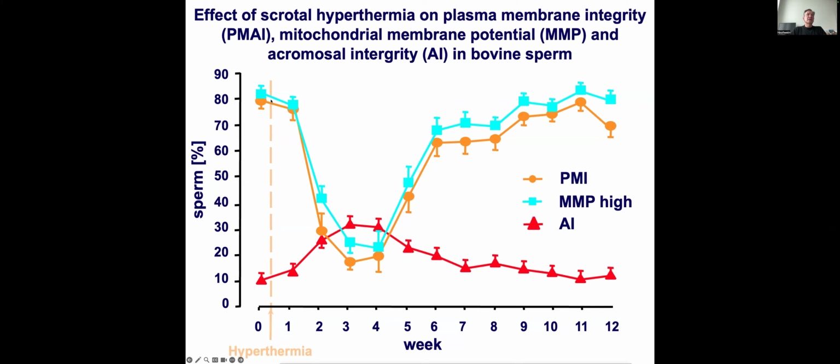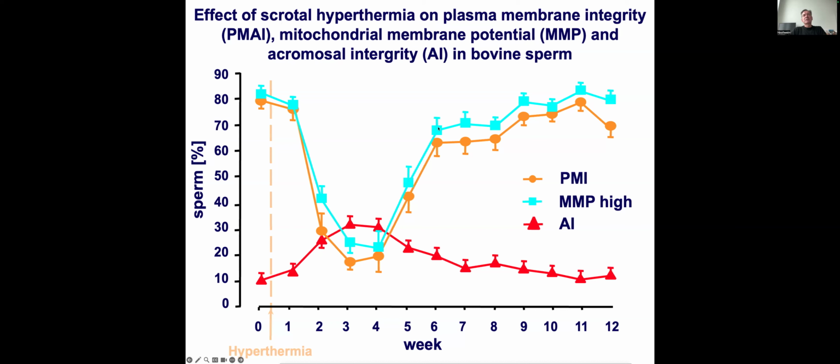You can see that immediately, or 1 week after the scrotal heat stress, there was a tremendous decrease of the mitochondrial integrity and the plasma membrane integrity, and an increase of the acrosomal damage.